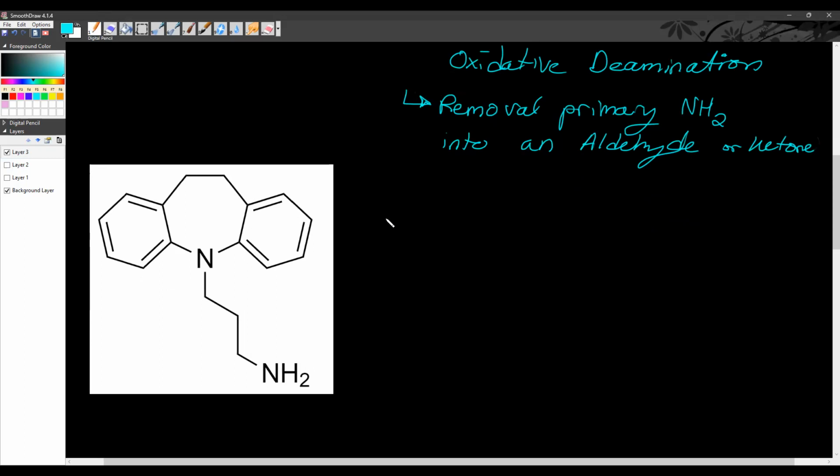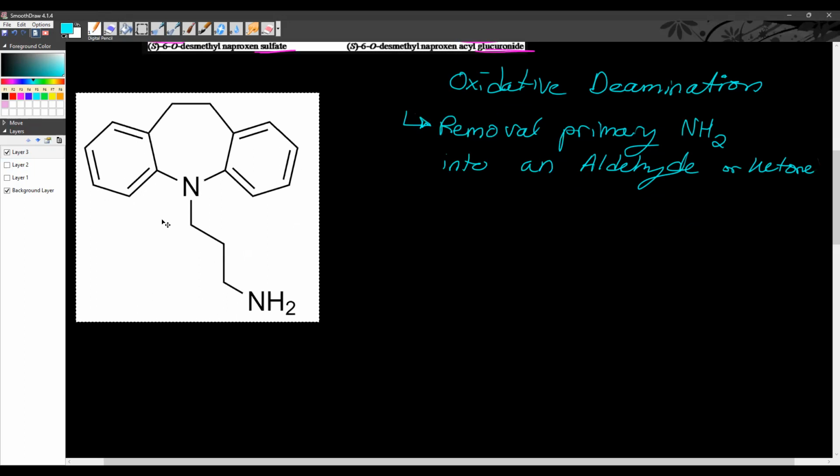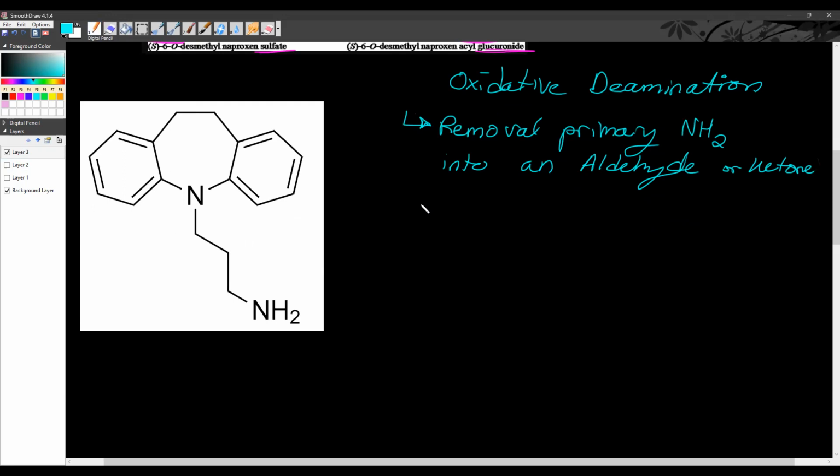And so what we are looking for with a drug like this is a terminal NH2 group. So for oxidative deamination, you need to see NH2, and the carbon connected to the NH2 is not substituted.